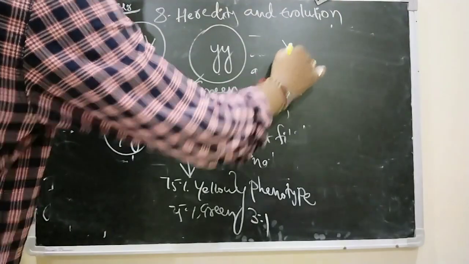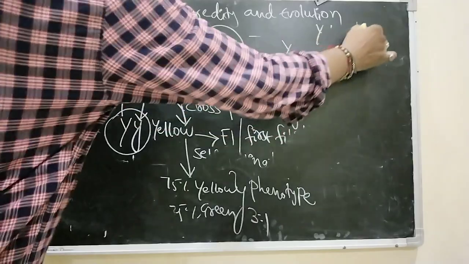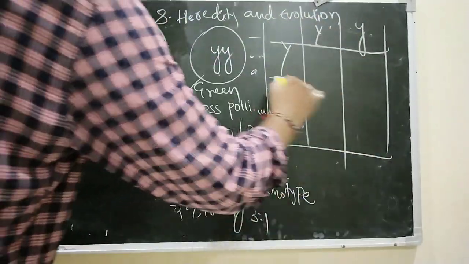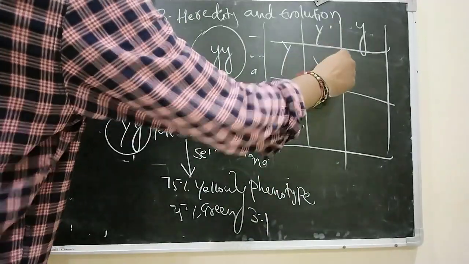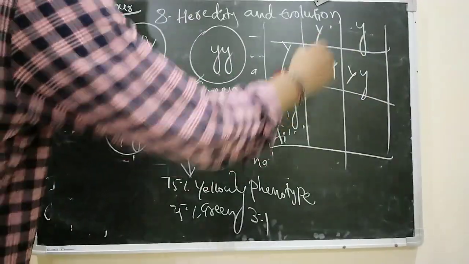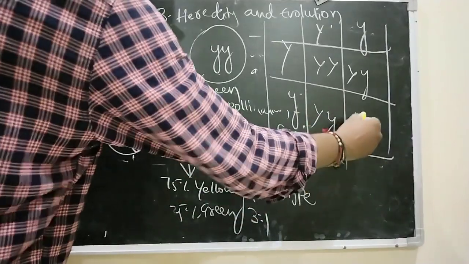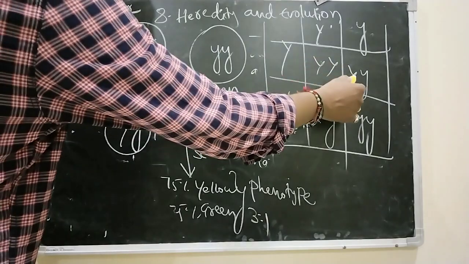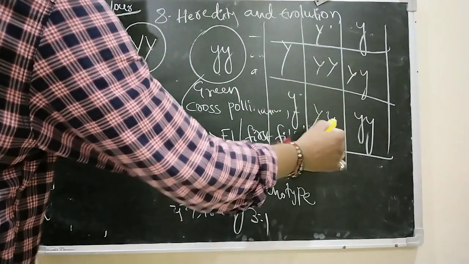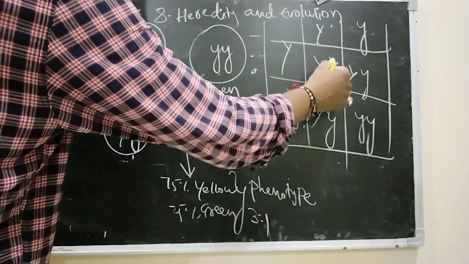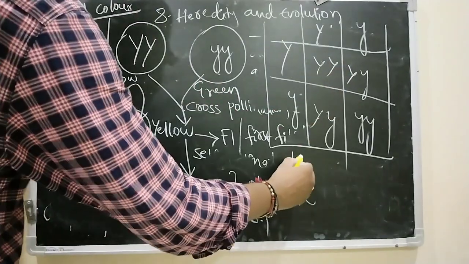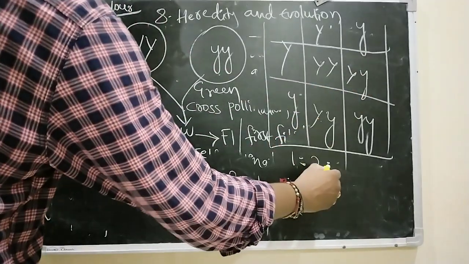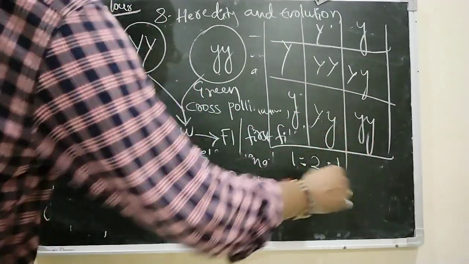Next, if we represent them in the form of a checkerboard, see, capital Y, small y, capital Y, small y. Capital Y, small y, again capital Y, small y. These are appearing in yellow color, but these are homozygous, which are 25%, pure ones, and this is 2, this is green. 1:2:1.